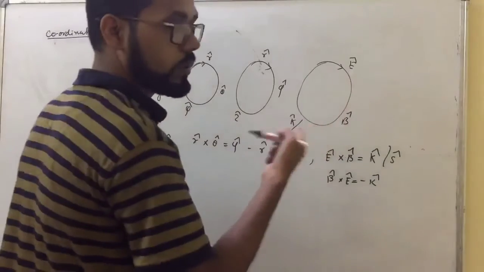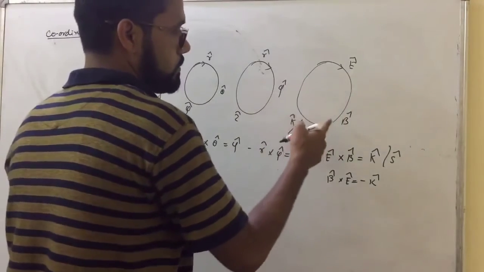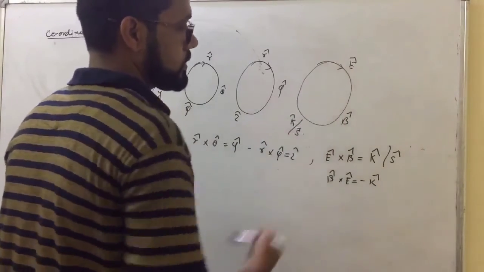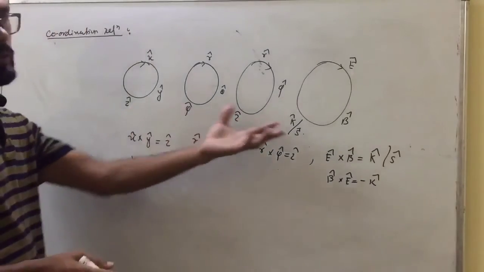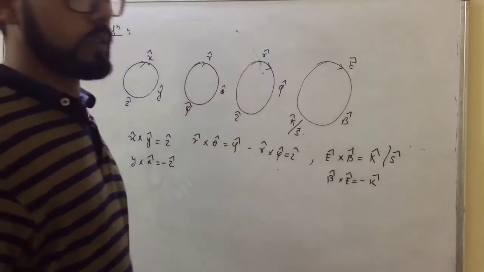Similarly, E dot B is 0, I have already told you, and B dot k is also 0, k dot E is also 0. It follows the same rule as the coordinate system. This is how you can remember.